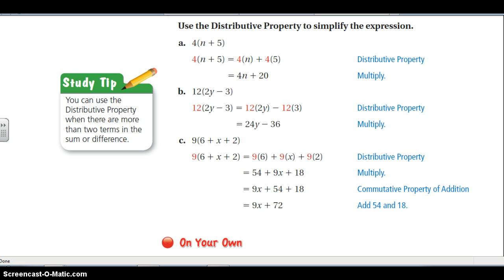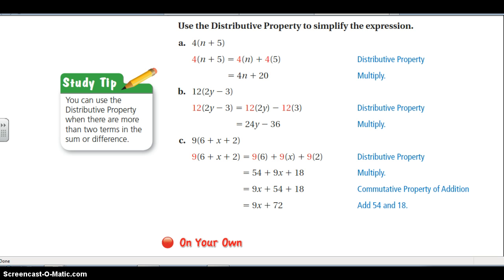That's your problem. It equals, distributive property, 4 times n plus 4 times 5. Now, because you have 4n, we don't know what n is, you still have to write 4n. Plus, you take the 4 times 5, and 20. That's all you can do. That's the best way to simplify it.